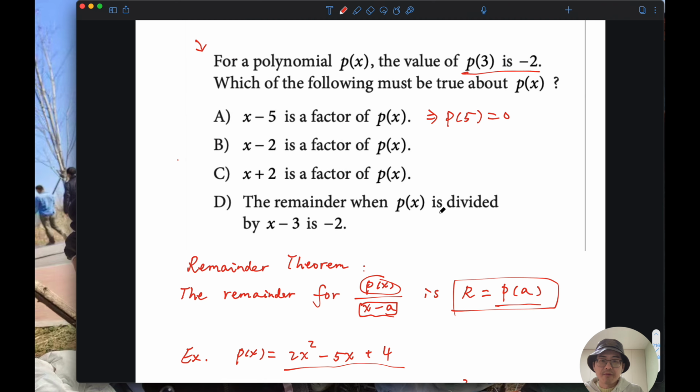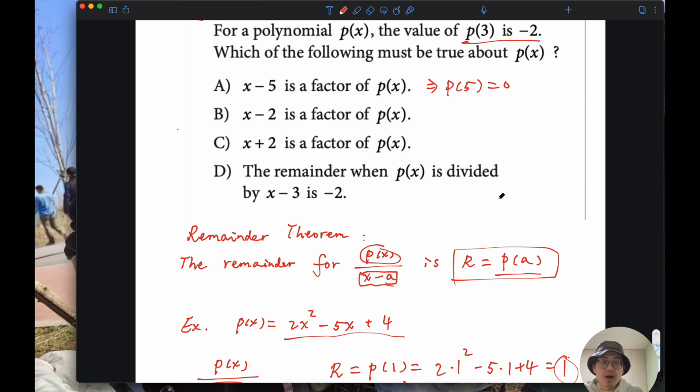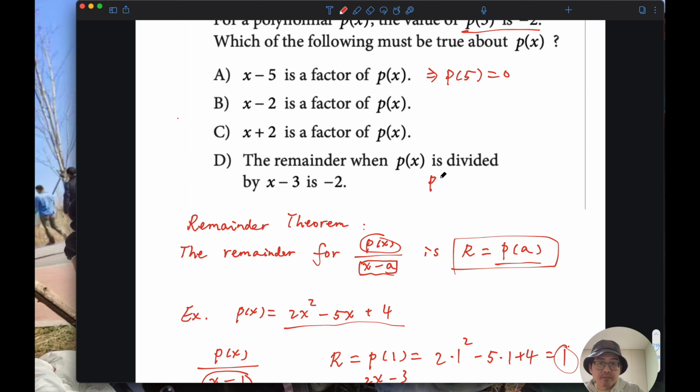But here we're going to focus on using the remainder theorem to test choice D. Choice D says the remainder when p of x is divided by x minus 3 is negative 2. So let's write this statement this way: p of x divided by x minus 3, and we're going to find the remainder. Just now we talked about the remainder theorem, so we can apply it here.